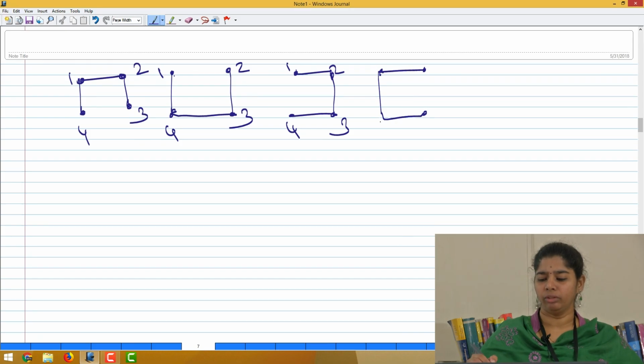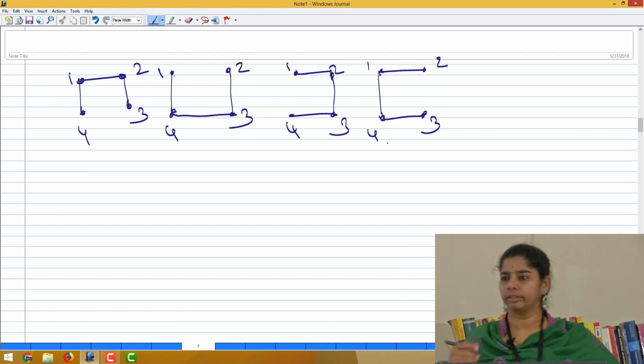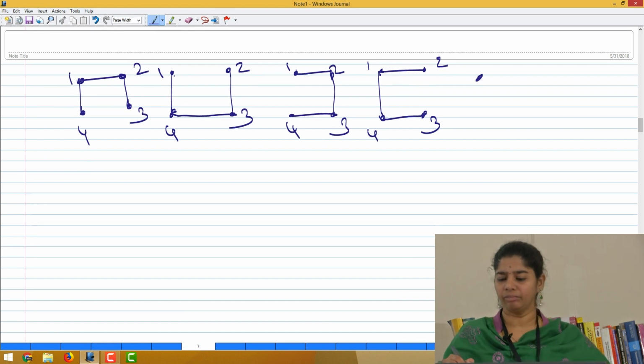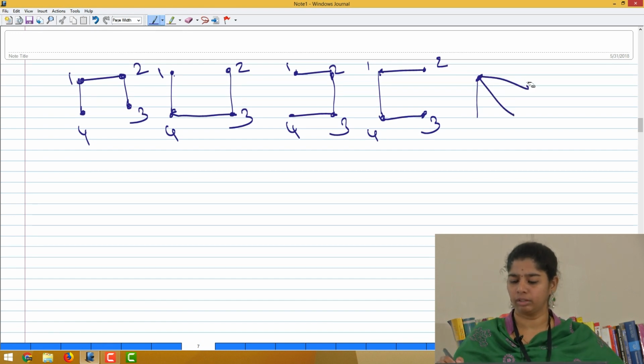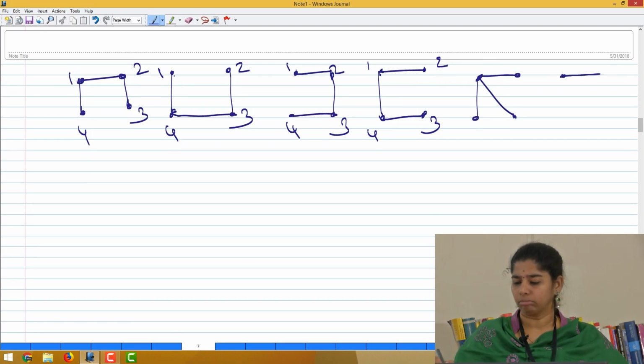So, these are the 4 trees which you get by removing the cycles out of it, and you will have the other possibility of all these, I should not say. Right.